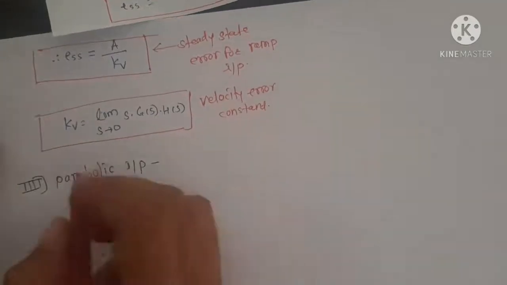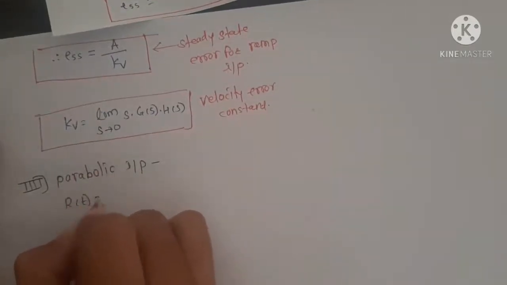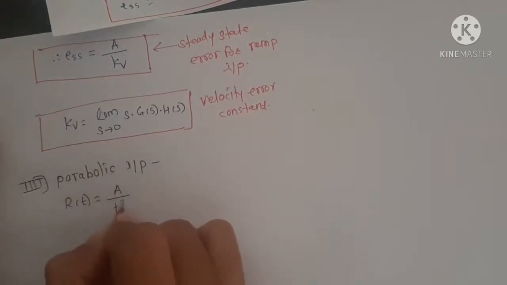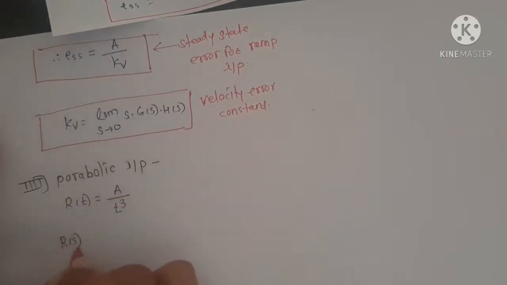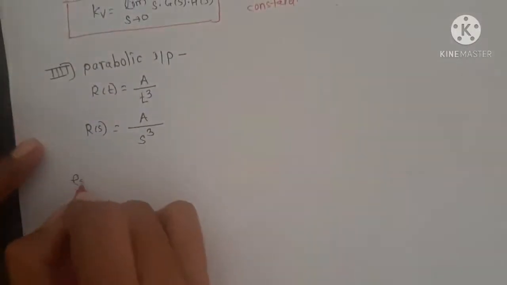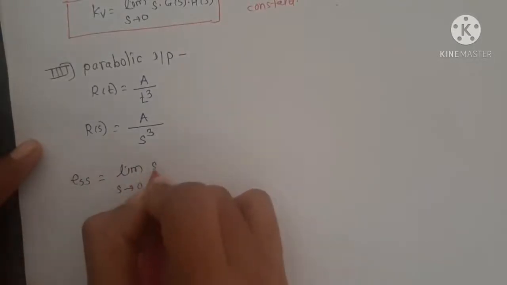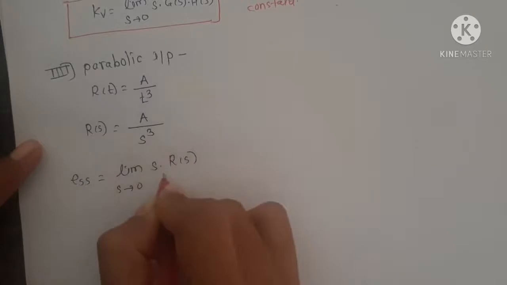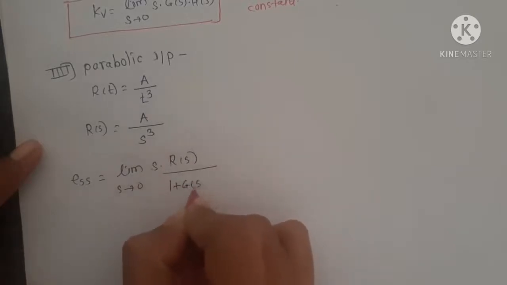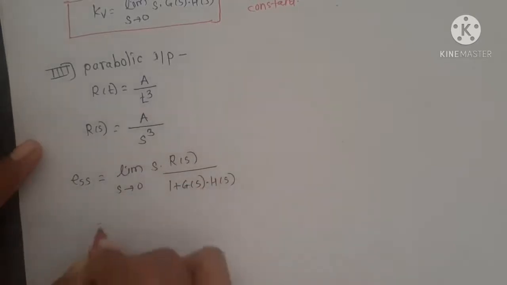So in parabolic input, R of t is equal to A upon t cube. So take Laplace transform, it is A upon s cube. Simply put this value in our steady state error, that is E of s is equal to limit s tends to 0, s into R of s upon 1 plus g of s into h of s.